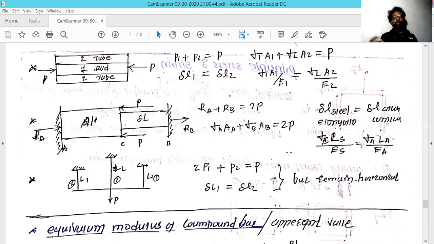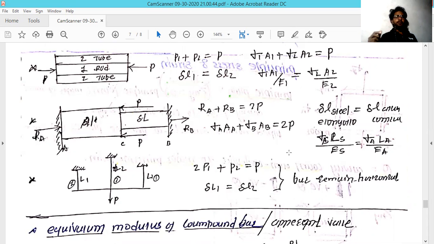And when you try to push this aluminum rod in the left direction, what will happen? Due to that, the wall on the right-hand side, where we have fixed our steel rod, will try to move in this direction. So the wall tries to pull in the rightward direction.